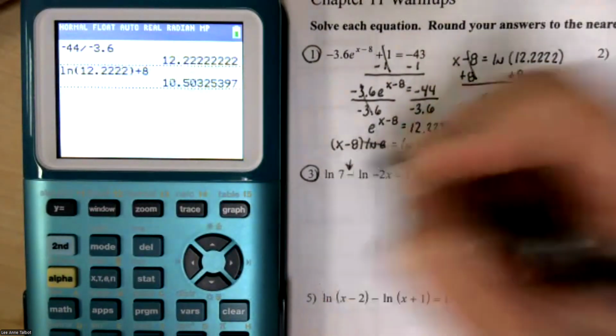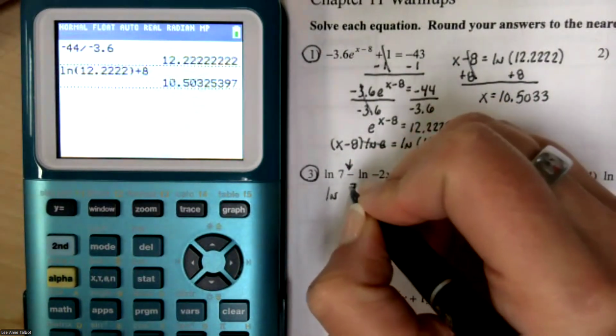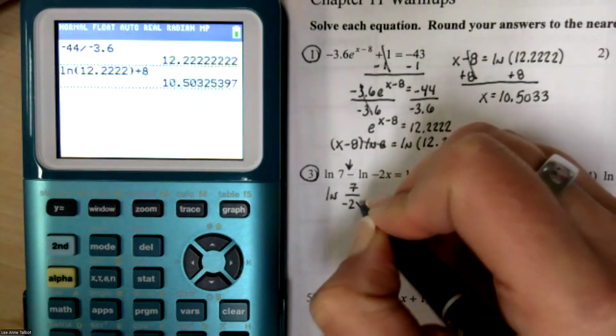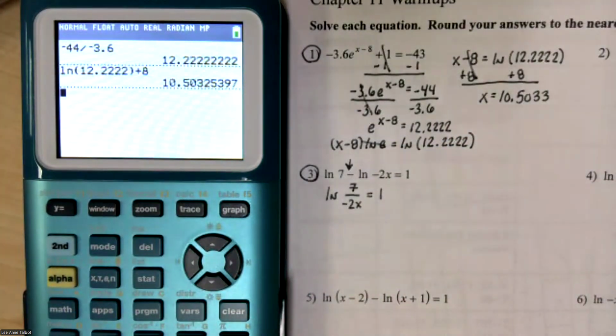First thing I see is that it's subtraction. So I'm going to condense it with division. So step 1, condense with division.